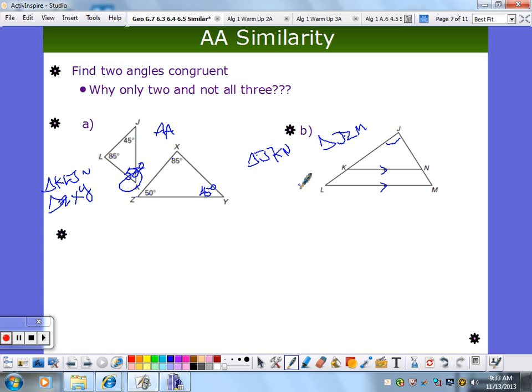Do I have any other congruent angles? No? What do you think, Natalie? JKN, KNY.